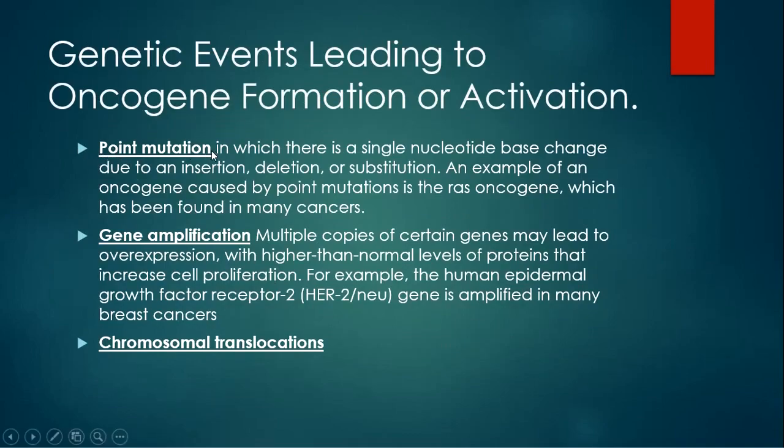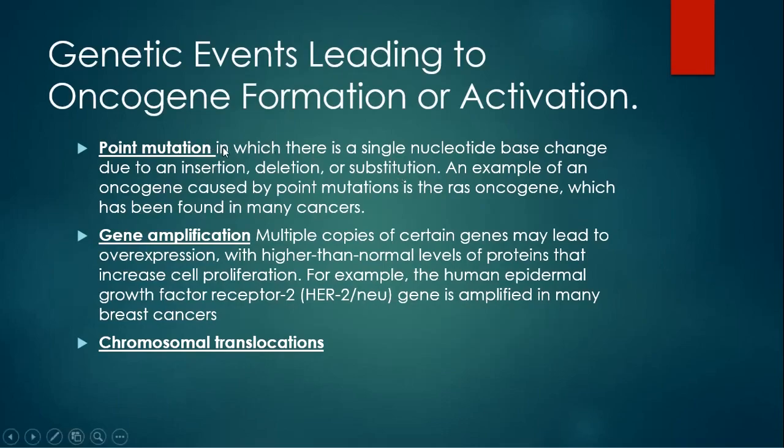Point mutation is a process in which there is a single nucleotide base change. This means either a single nucleotide is added, or it is deleted, or it is substituted with another base.